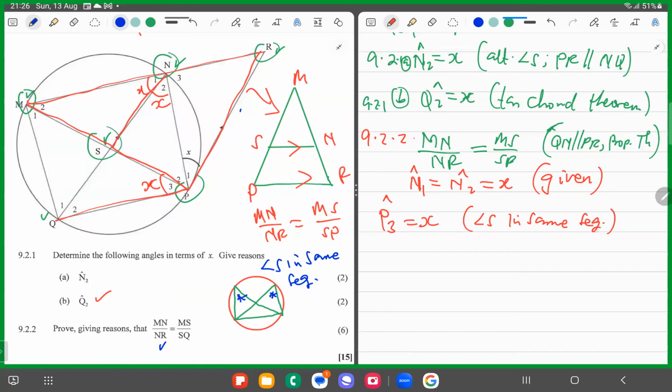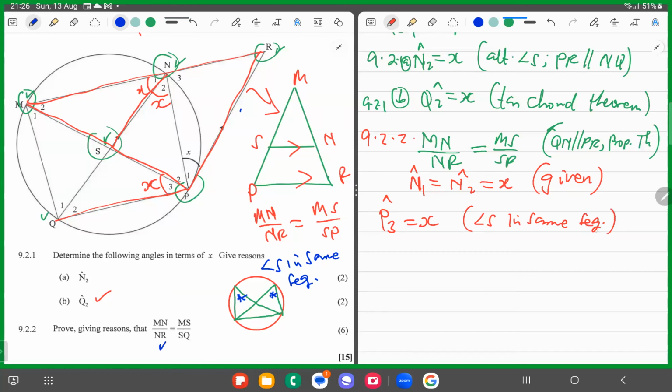But first things first, we can see that angle B3 is equal to angle D2.